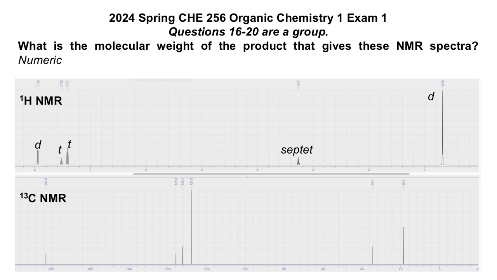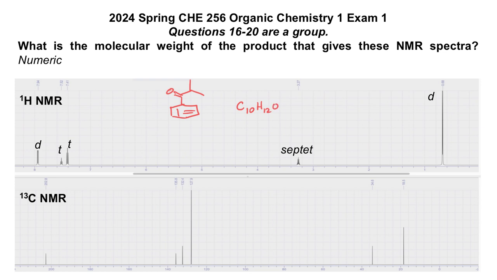What is the molecular weight of the product that gives these NMR spectra? So what you end up with is this ketone. You have 6 carbons for the aromatic ring, 7, 8, 9, 10, including the ketone side chain. Then the number of hydrogens: there's 5 on the ring, plus 1 for the methine, so that's 6, and then 6 for the methyls, so 12.